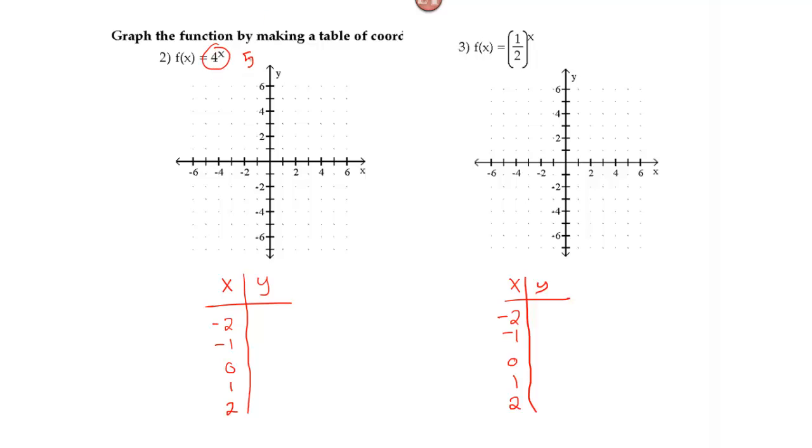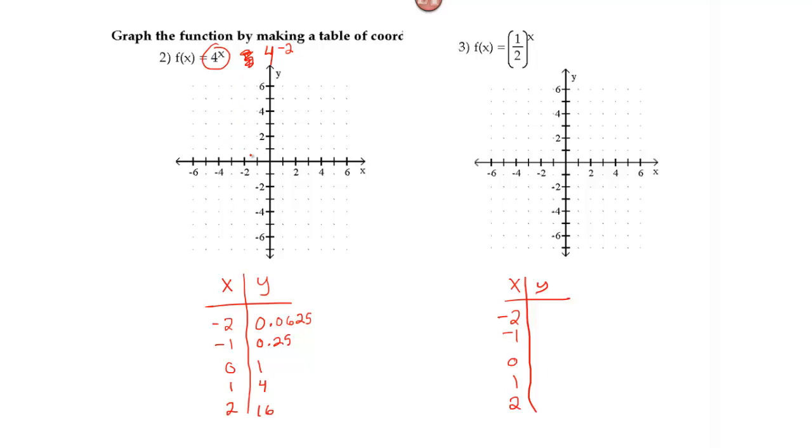So we're going to do 4 to the -2 and plug that into our calculator for exponent -2. And it tells us that that is 0.0625. And then we do 4 to the -1 and it tells us that is 0.25. 4 to the 0 is 1, 4 to the 1 is 4, and 4 to the 2 is 16.